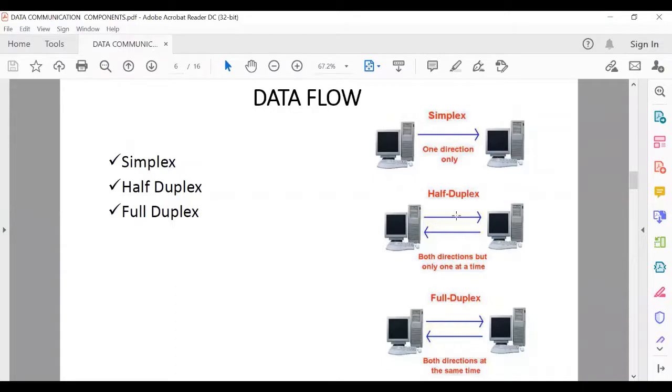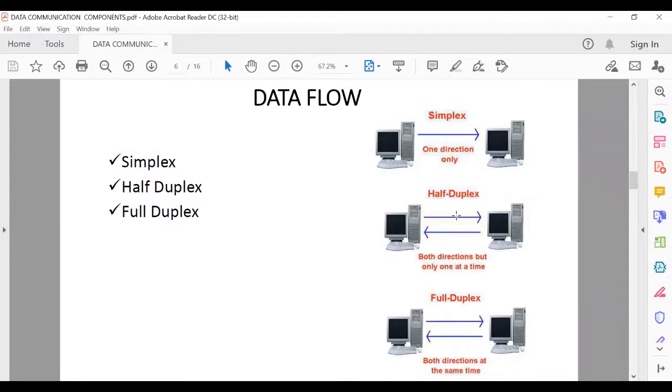Next is the half duplex, where both the stations can transmit as well as receive, but not at the same time.